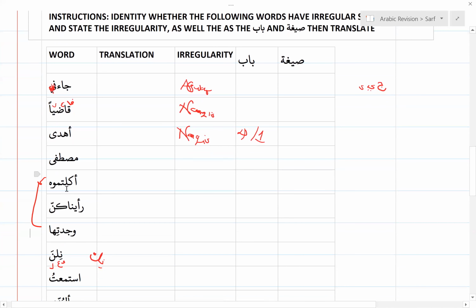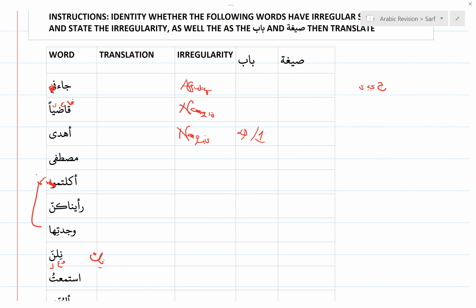Okay, akaltumuhu. First of all, we have to get rid of all the attachments. The uhu, the wow. So we have akaltum. What version is that of a word? Akaltum, it's past, antum.